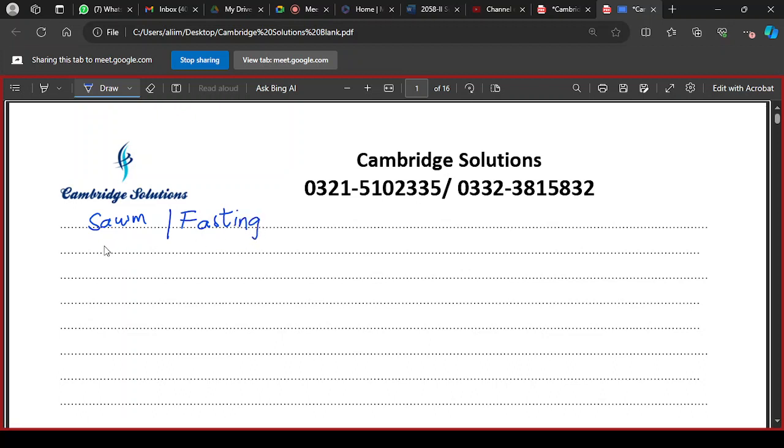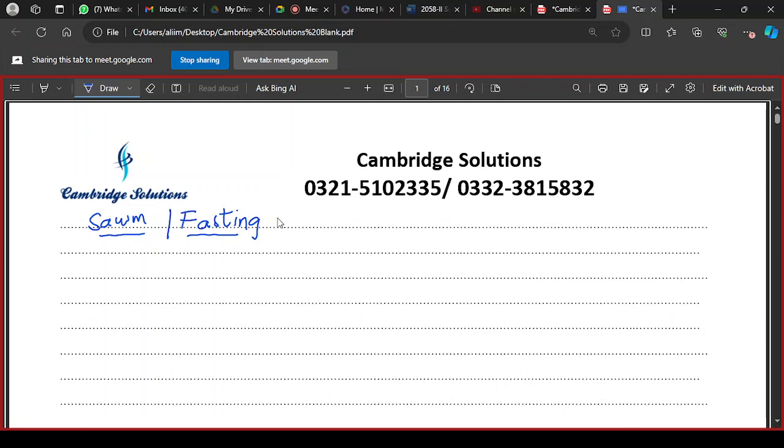You should use either the Arabic term or the English term for writing the answer for fasting. There are two types of questions that could be asked from this topic, which is related to paper 2, and it is linked with the question of the pillars of Islam.